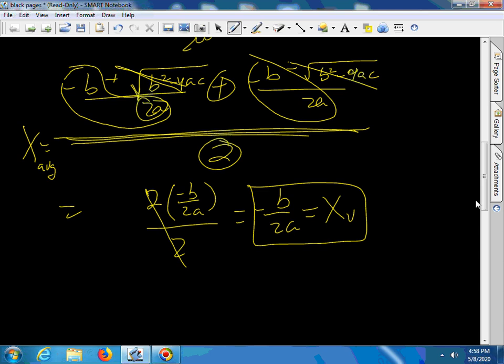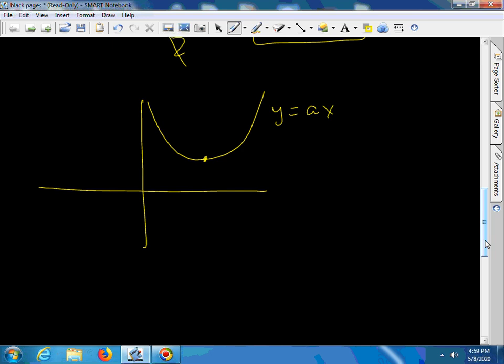But what happens if it doesn't have roots? My goodness. What if it's always positive? How do you find this? So this is y equals, in general, ax squared plus bx plus c. Here is the vertex.